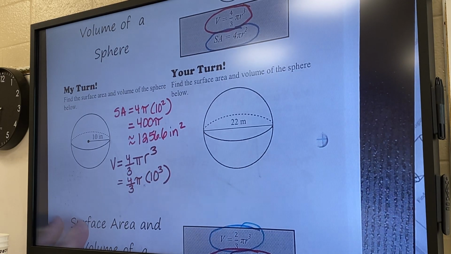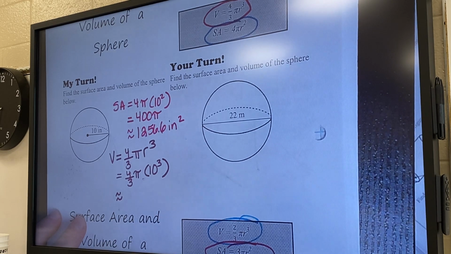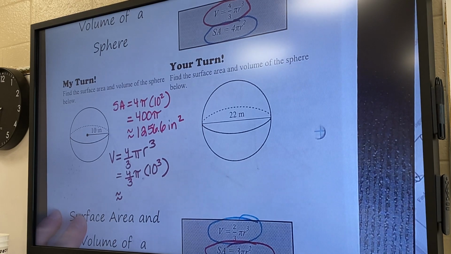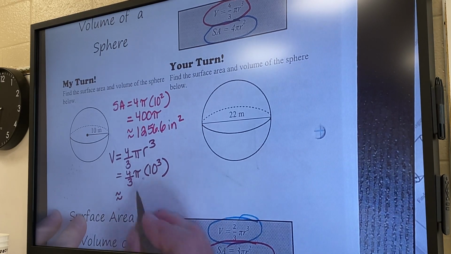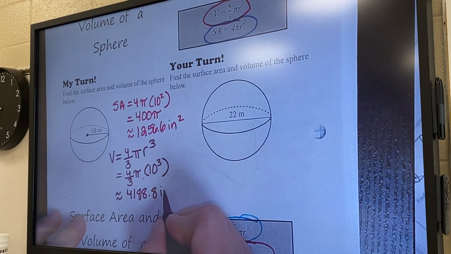Let's just go ahead and throw that in the calculator and see what we get. 10 times 10 is 100. 100 times 10 is 1,000. So that'd be 4,000 over 3 pi. And in the calculator, that is 4,188.8-ish inches cubed.